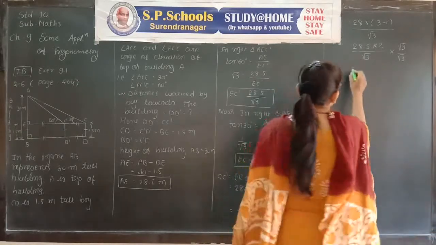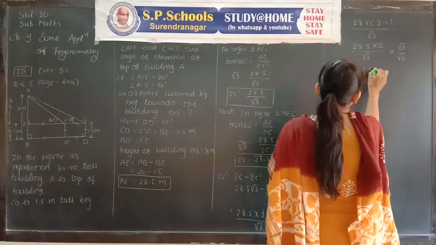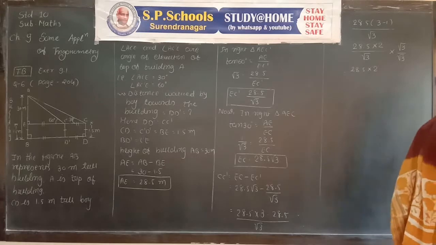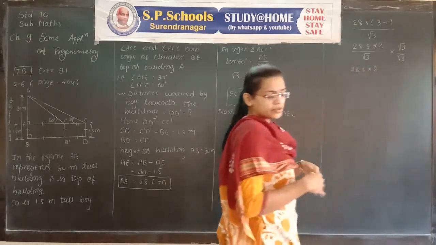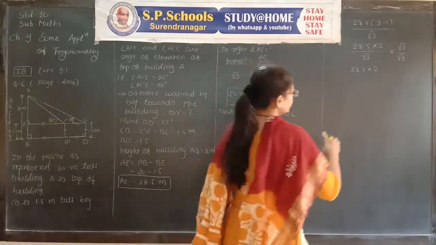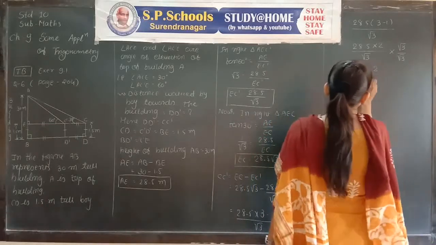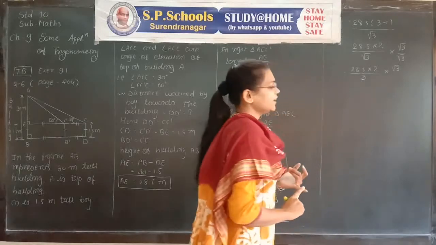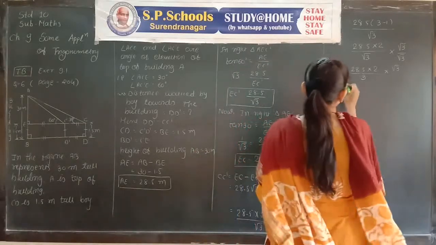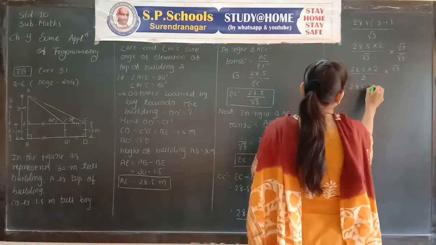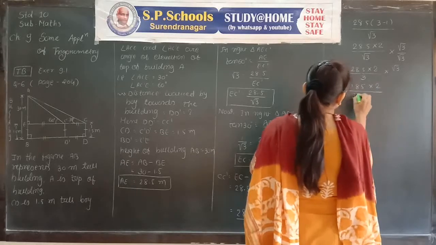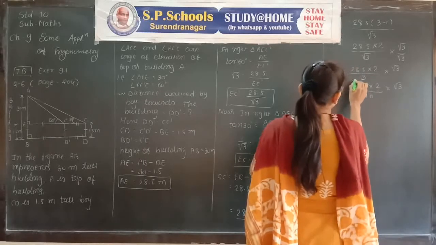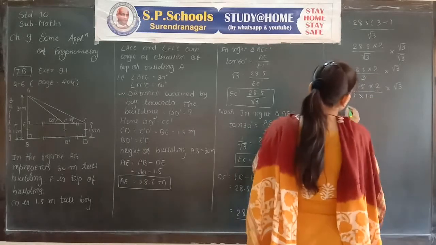28.5 remains as it is into 2. Now see in the question, is the value of root 3 given? No, the value of root 3 is not given, so our answer is in the form of root. Root 3 into root 3 is 3, into root 3. 28.5 and 3 cut is possible, so 285 into 2, 3 into 10 into root 3. 95.